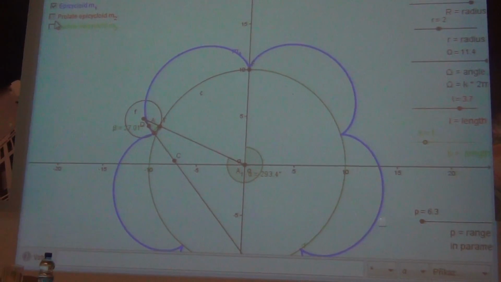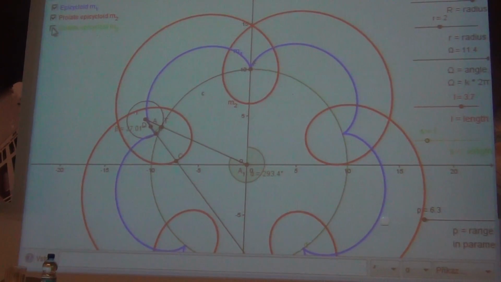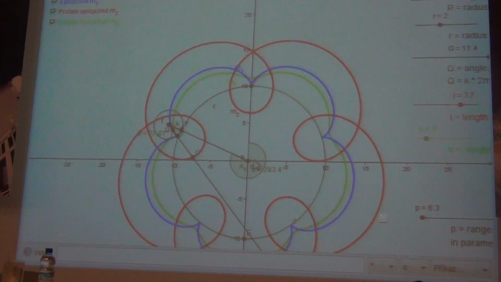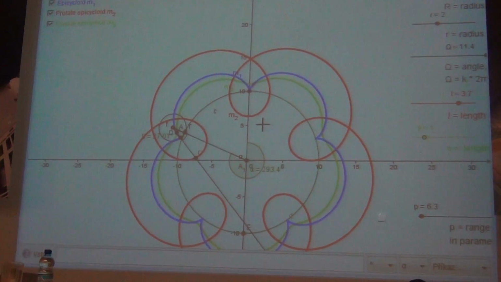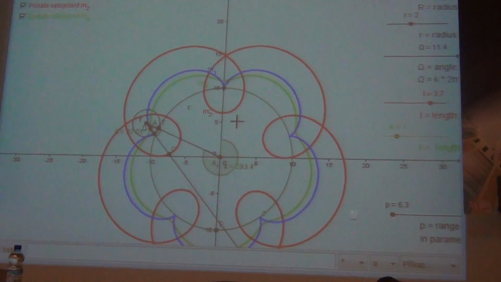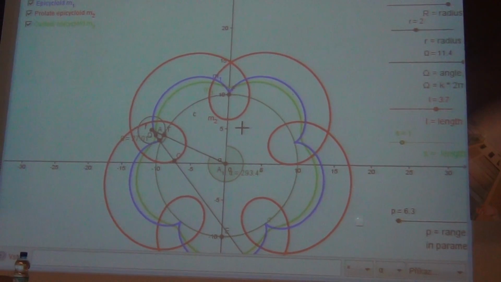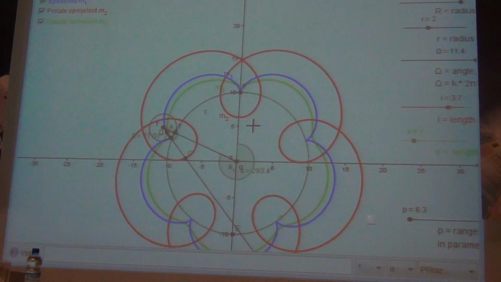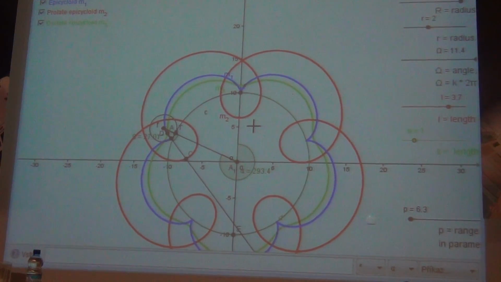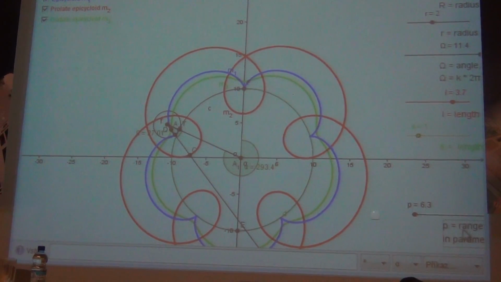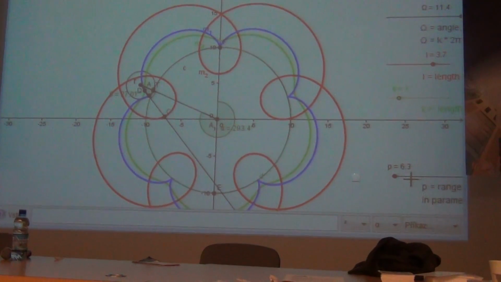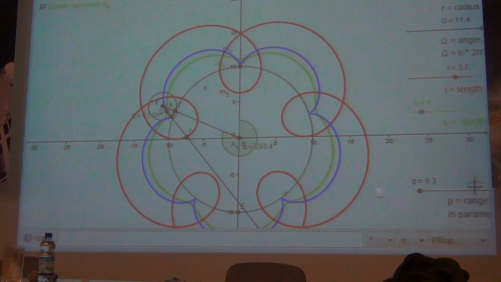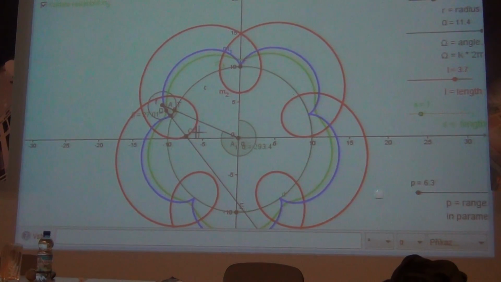And you can see the results of the motion, different paths, epicycloids, spheroid epicycloid, and curvature epicycloid. And of course, we can also change the range of parameters in the parametric description of the curves.